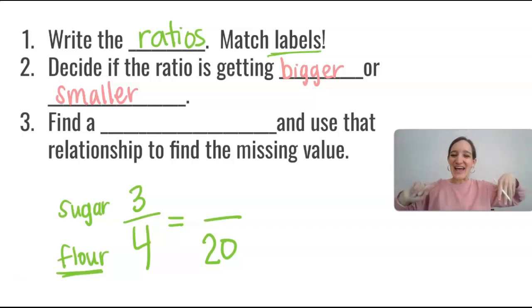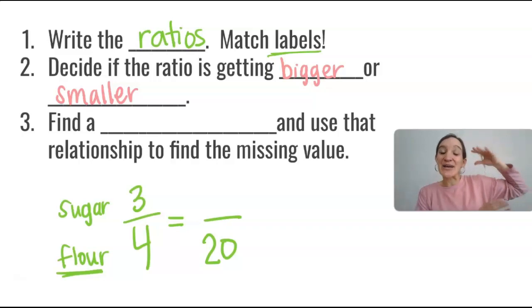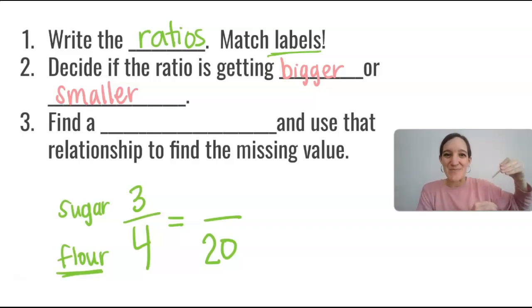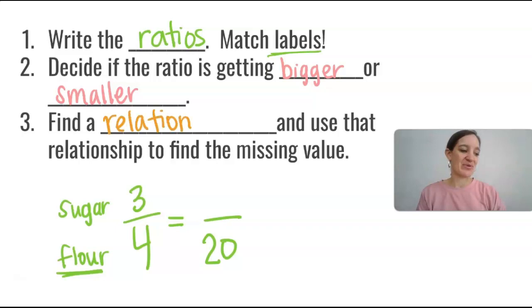Okay, that's going to help me to find the unknown. Because if I'm getting bigger, I know I'm going to need to times both of those by the same number to get my recipe bigger, correct? So the last thing we're going to do is look for a relationship. Here's what I mean by that. A multiplicative relationship, or I'm looking for one number that's a multiple of another number.